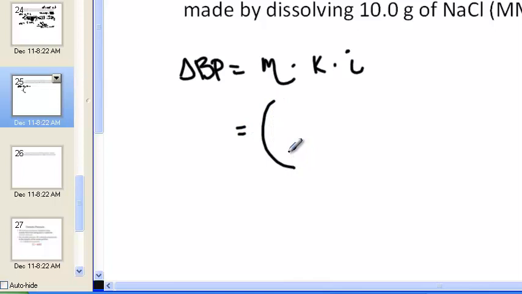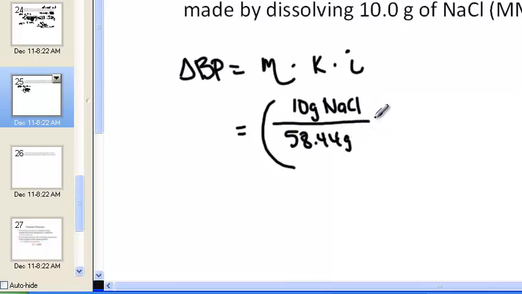Molality is moles per kilogram. Moles is grams over formula weight. Our 10 grams of sodium chloride set over its formula weight of 58.44. That's our very definition of the word mole, grams per formula weight. Moles per kilogram of water.